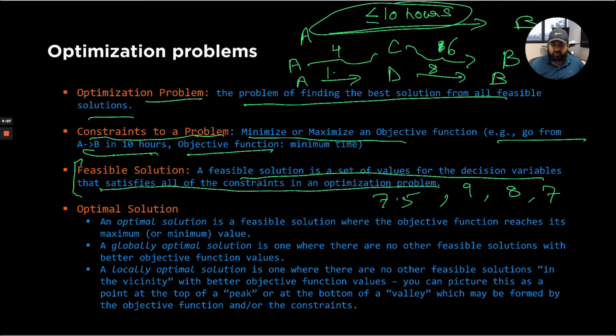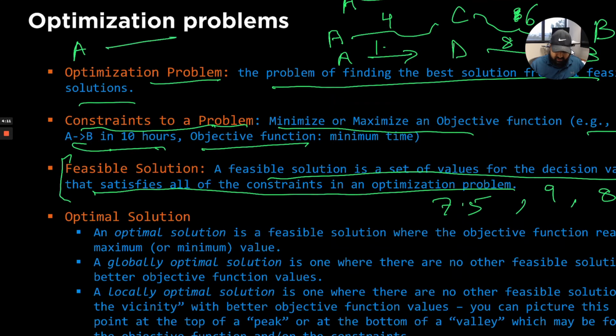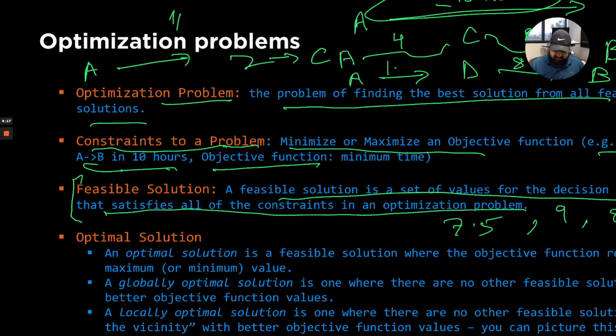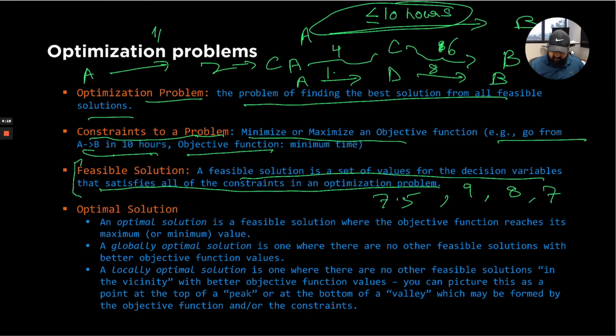What would not be a feasible solution would be, let's say, if a person goes from A to C via Z, and they are taking 11 hours. That is not a feasible solution because it is not satisfying a particular constraint.